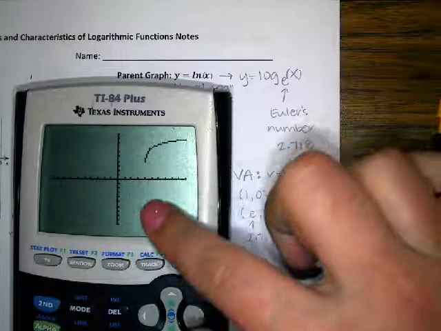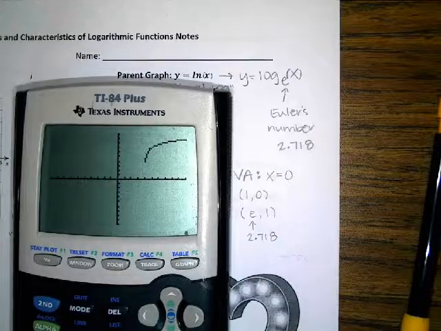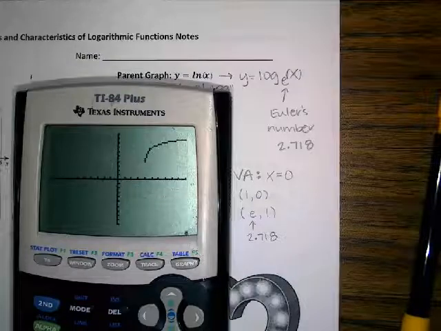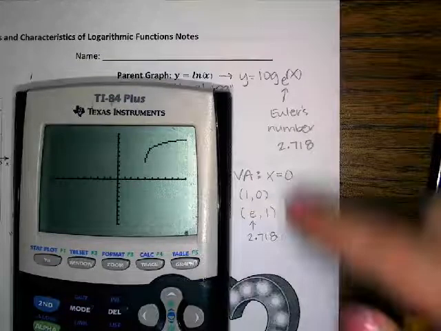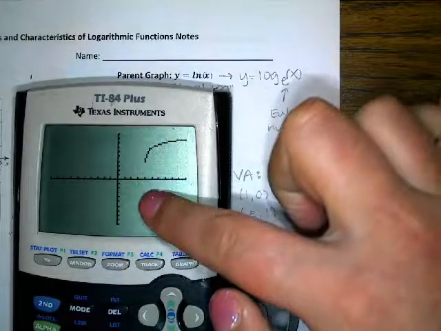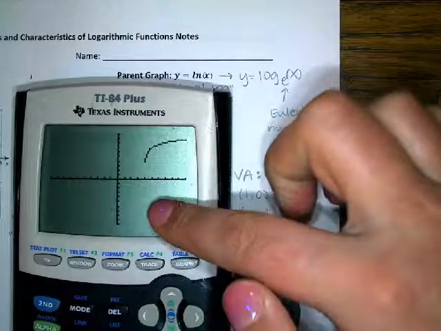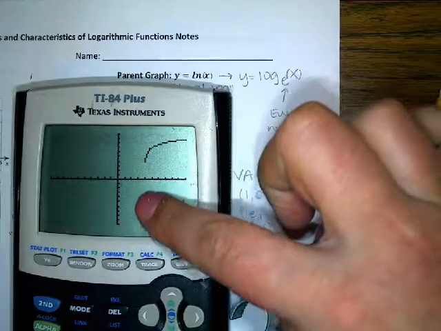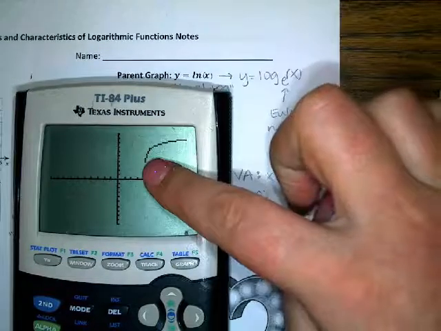And that's because vertical lines are not functions, and our calculator doesn't graph things that aren't functions. So our calculator is not graphing the part of this that is approaching the vertical asymptote. As soon as it starts to approach that vertical asymptote, our calculator cannot graph it any longer, and so it just doesn't graph anything.